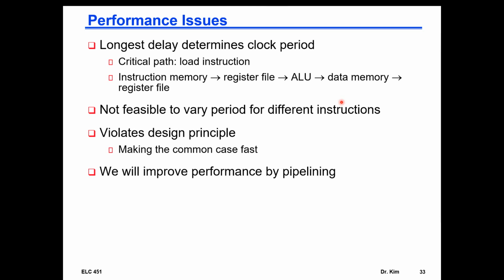And since you are going through a sequence of micro steps to execute any given instruction, your controller is more complex. It requires a state machine controller. It's not combinational like what we're using in this single cycle.